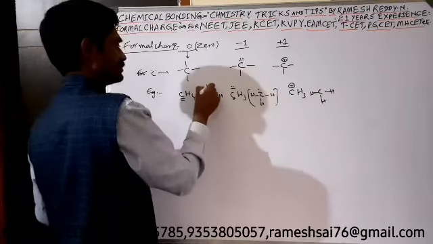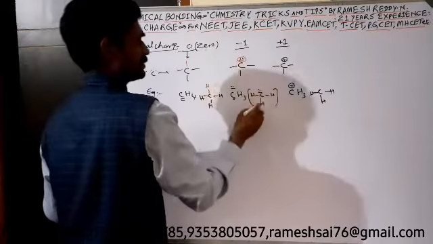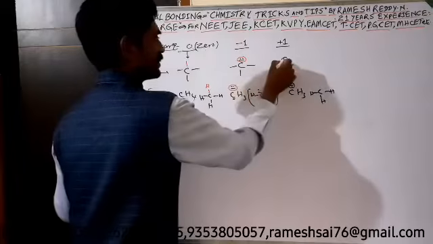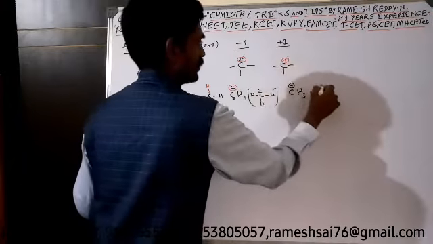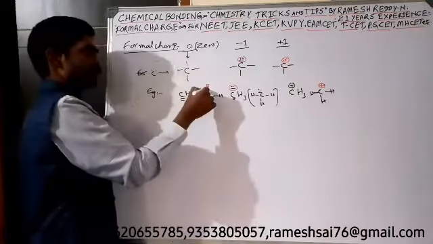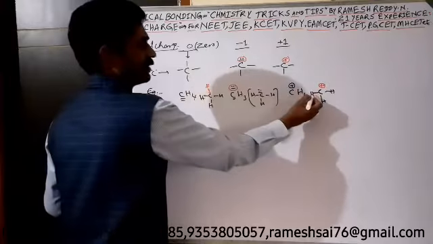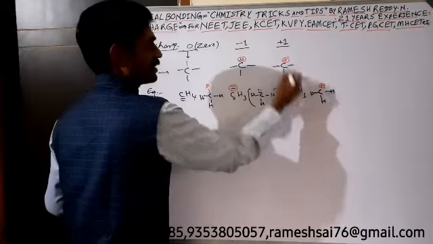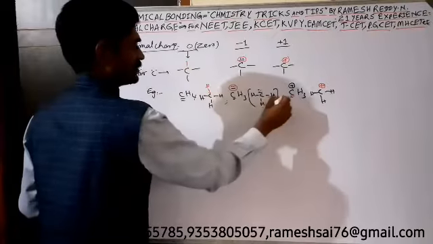This bond pair of electrons is lost and it is getting a positive charge. So that's why the formal charge of carbon is +1. Right. Next one.